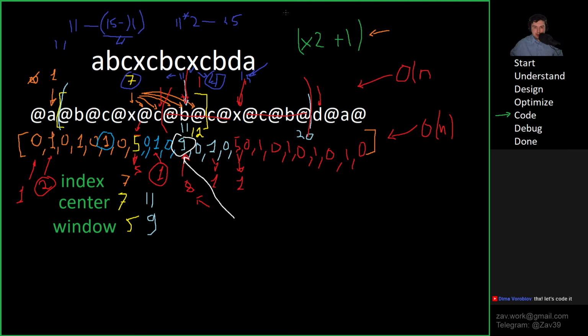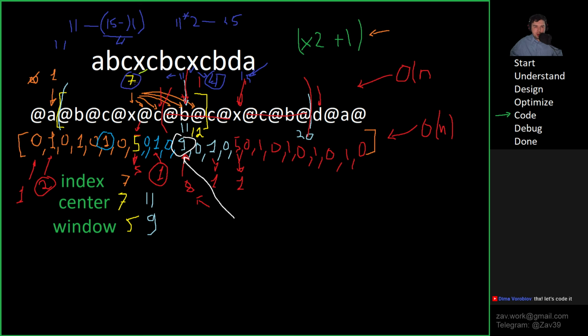Let me show this. For example, we had 7 here, and we calculated the 7 by going only to the right.